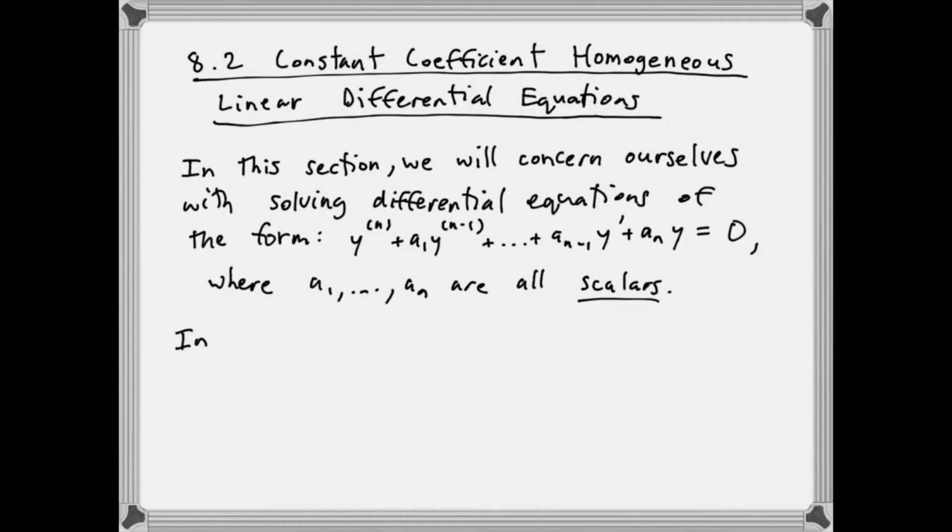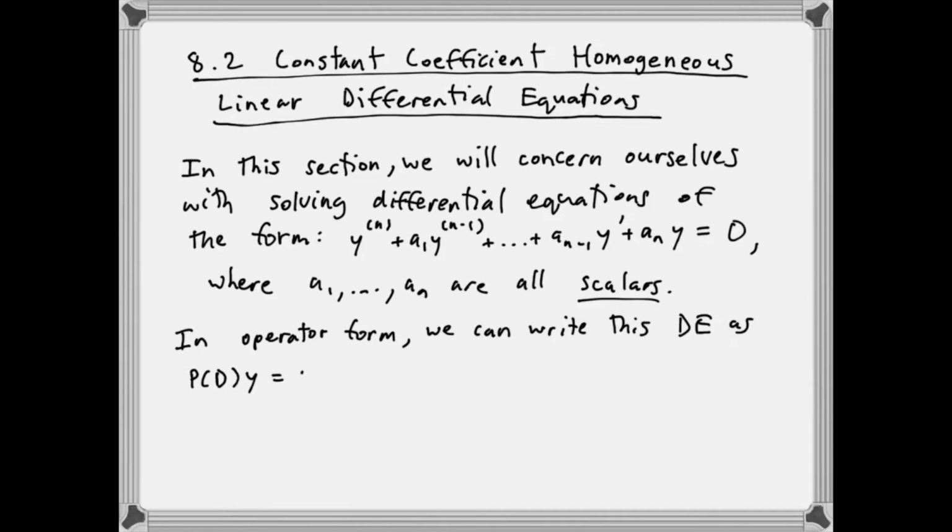So in operator form, we can write this differential equation as P of D times y is equal to 0, where P of D is equal to the polynomial operator D to the n plus a1 D to the n minus 1 plus a n minus 1 D plus a n.